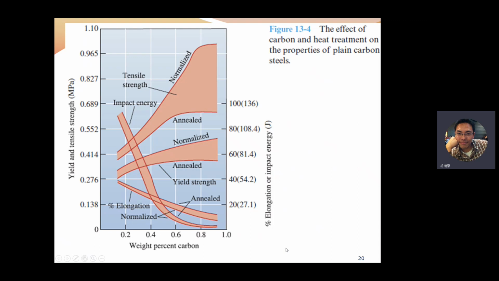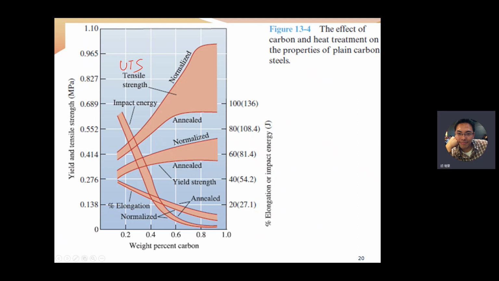This figure tells us about the tensile stress, for example the UTS. If we want to modify the tensile stress of plain carbon steel, how do we do it? We can use the normalizing and annealing processes to control its tensile stress.